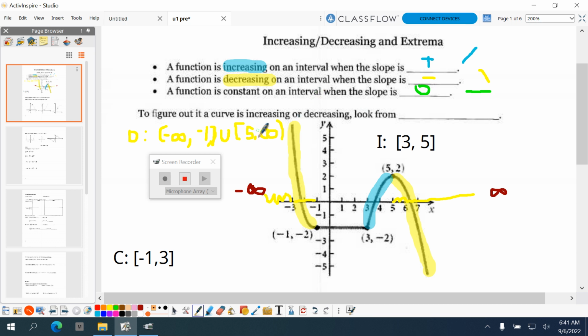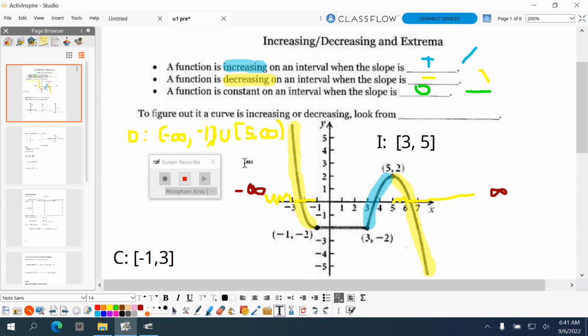So to figure out if a curve is increasing or decreasing, our goal is to look from left to right, and that means the x values. We look at the x values. They might also use the language, the domain, give the domain for the interval.